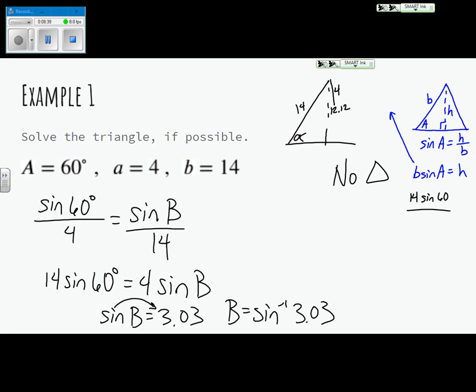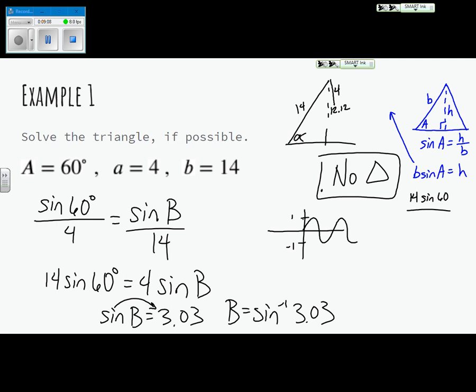We talked about this in previous weeks: if I am taking sine inverse of something, it has to be between -1 and 1. Remember, if I graph sine, it oscillated between 1 and -1. It never went outside there. 3.03 is way up here. It's never going to come up here and touch that point. And so I'm good. There's not going to be a triangle possible. So my final answer on this is just no triangle possible.